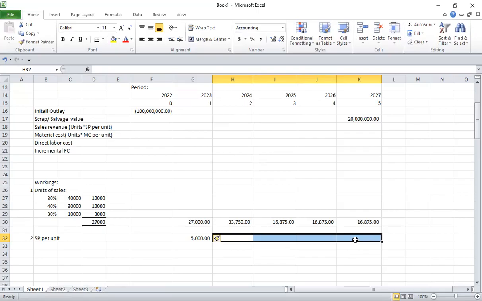When you look at note number 3, besides the per unit figures, we are told we have the inflation rate percentage from 2024. 2024 is the second year. From 2024 onwards, what did we say that inflation does to prices and costs?